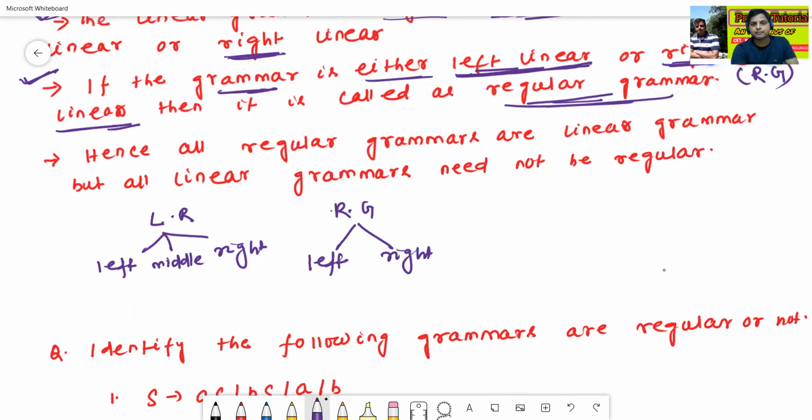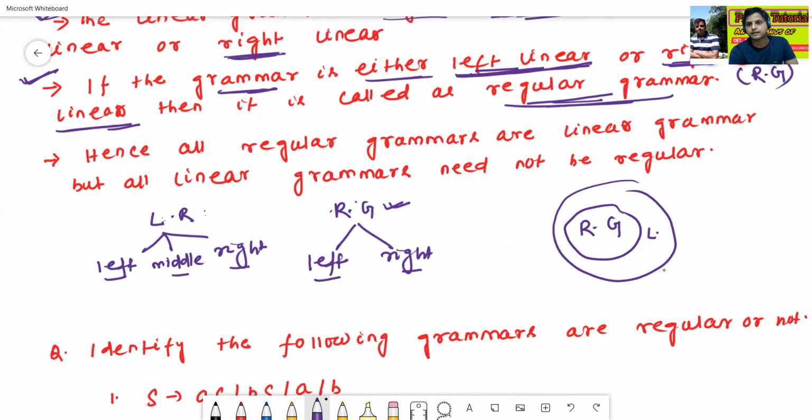Because linear grammar is of three types, either left linear, middle linear or right linear, but regular grammar is either left linear or right linear, the regular grammar is a subset of linear grammar.